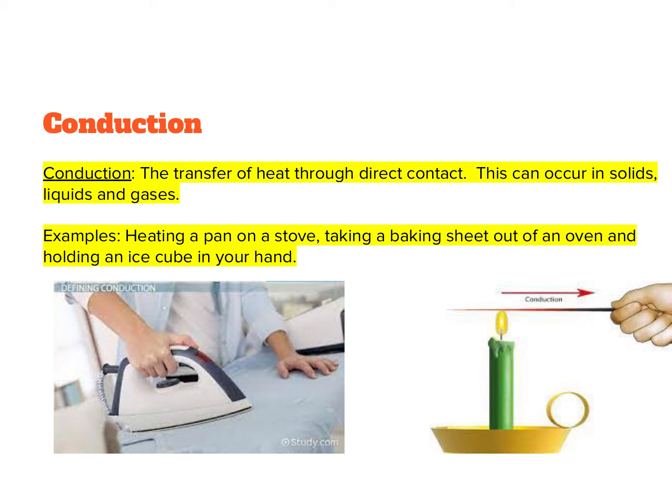If we look at the examples or the pictures on the screen there, you see somebody ironing a shirt. Well, that's an example of heat transfer through conduction because the hot iron is in direct contact with the shirt. Or the picture on the right with the candle, and it looks like the person there is holding a metal stick.